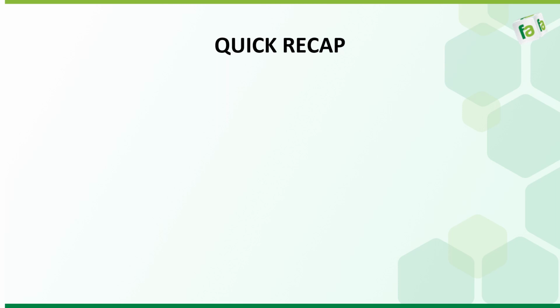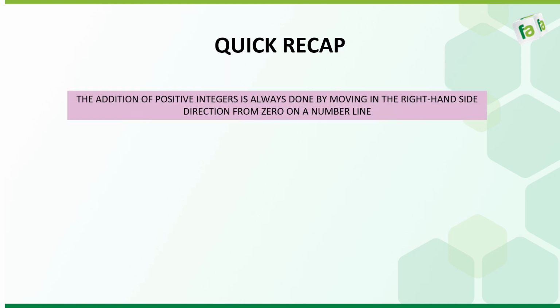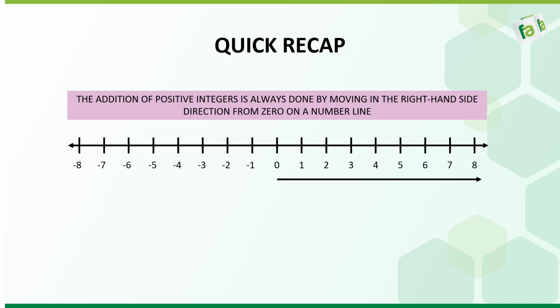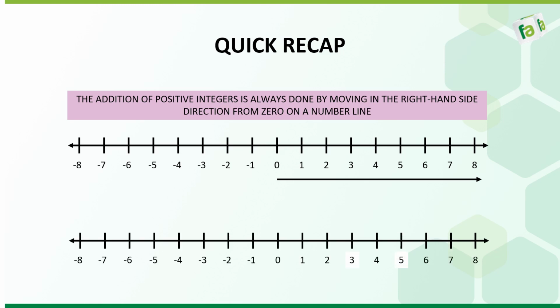If we have to add two positive integers, then we have to move in the right hand side direction from 0 on a number line. For instance, let's add 3 and 2 on a number line.